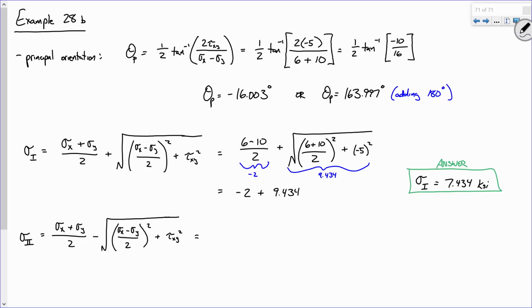So see, look what happened. It's the same formula, only this went from a plus to a minus. So it's just going to be minus 2 minus 9.434. I'm just trying to reduce the amount of button crunching on the calculator. So plug and chug, and you're going to get sigma sub 2 is minus 11.434.